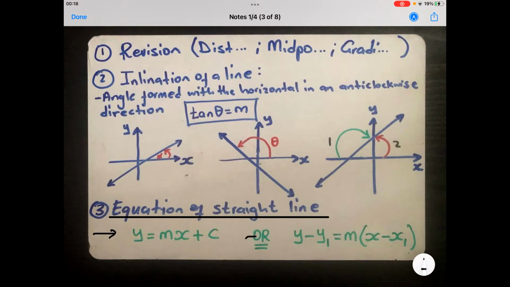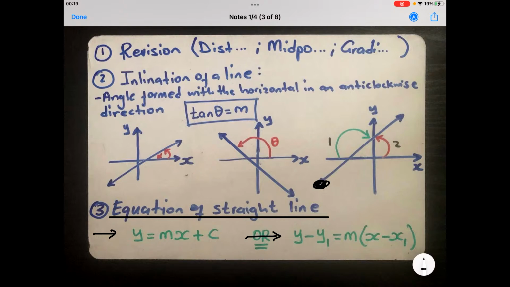So when it comes to determining an equation of a straight line, remember, guys, analytical geometry is a game of 2 things. So that means you will need 2 points. Maybe that point there, that point there.